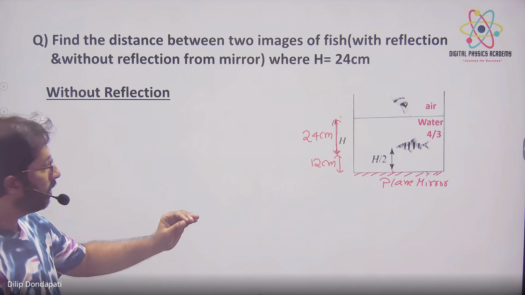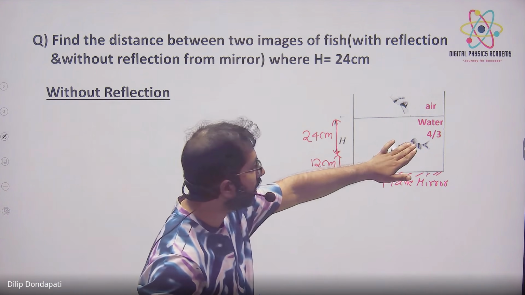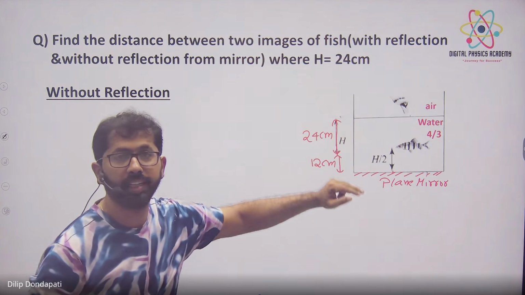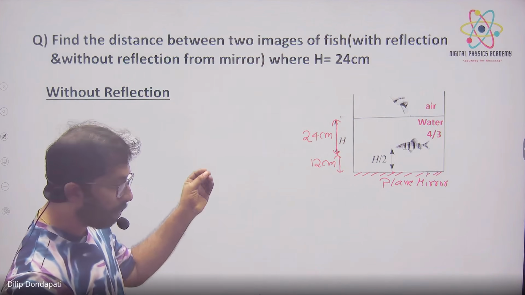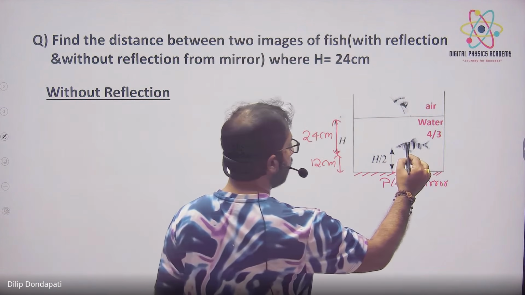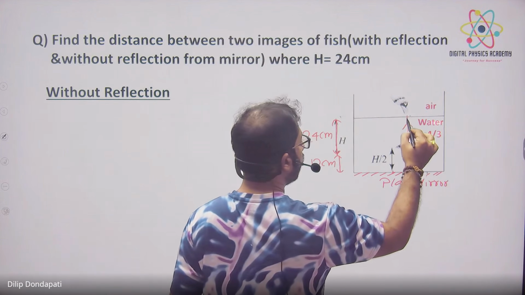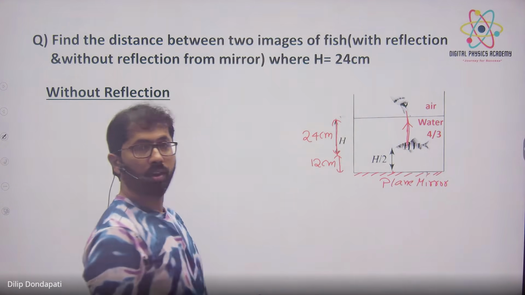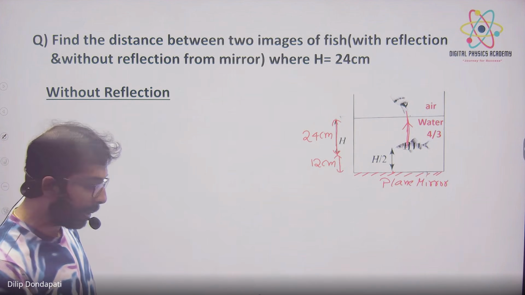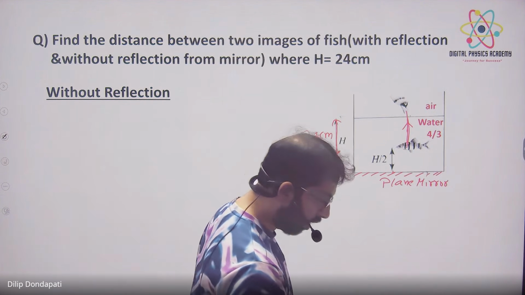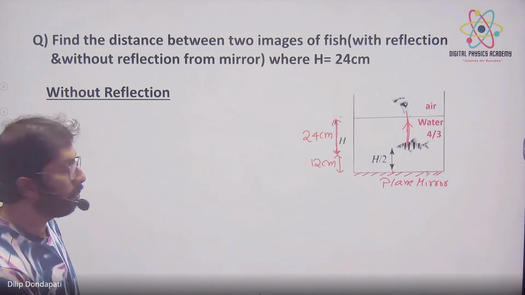Without reflection means the ray comes directly from the fish. It is not hitting the mirror. So find the apparent depth, meaning the ray is coming directly to the eye. Now use the formula mu i by d is equal to mu r by d dash, and find the apparent depth from the surface.